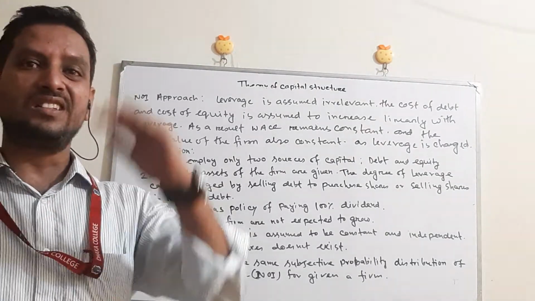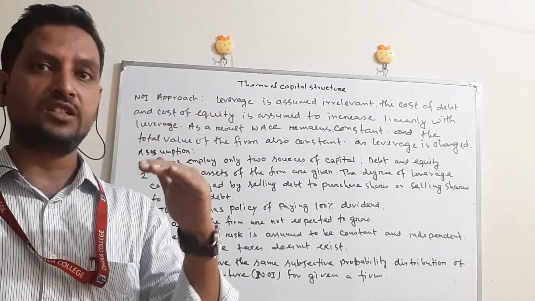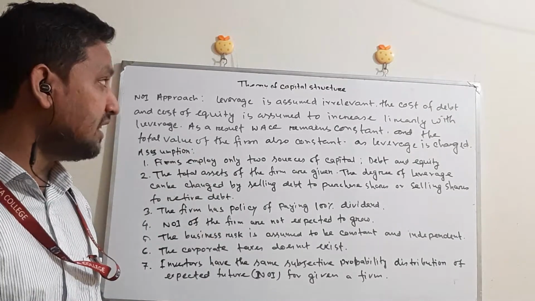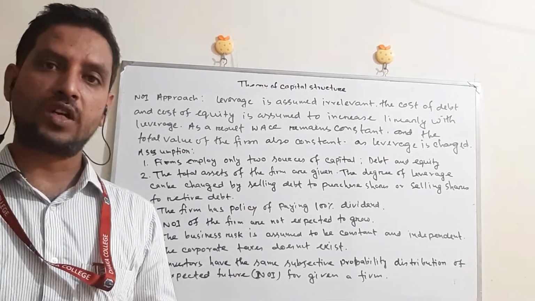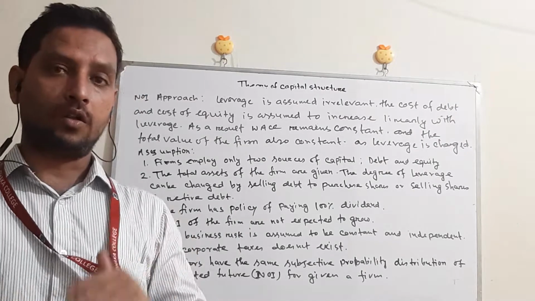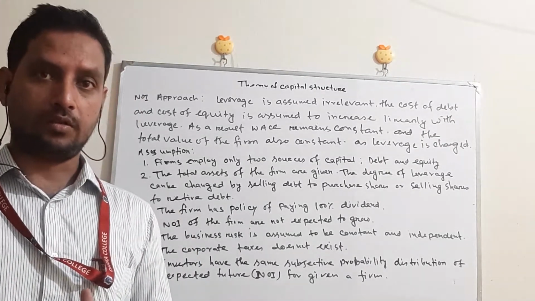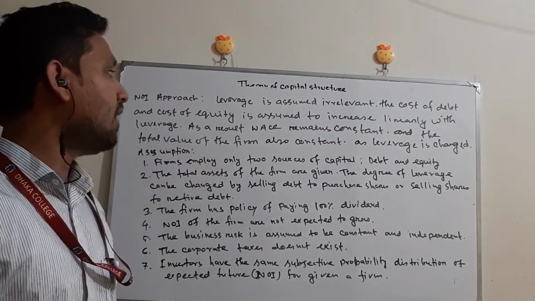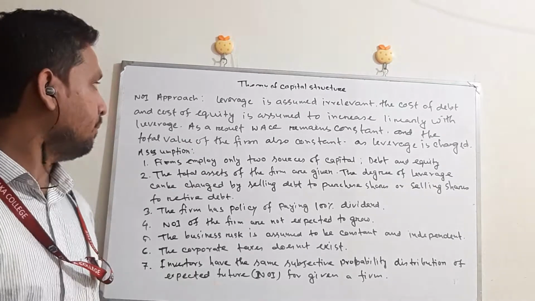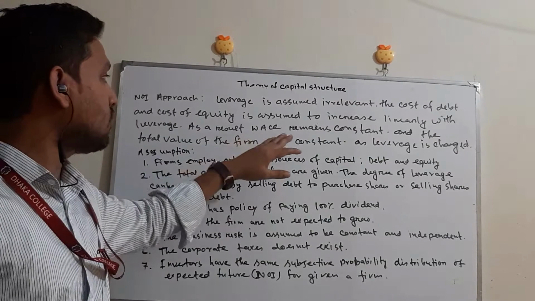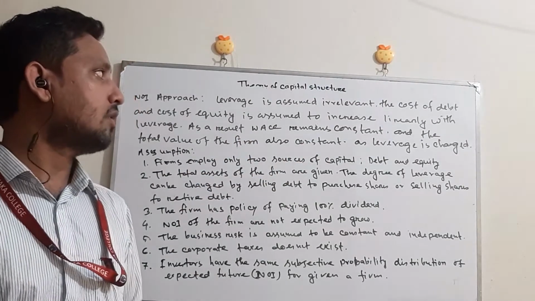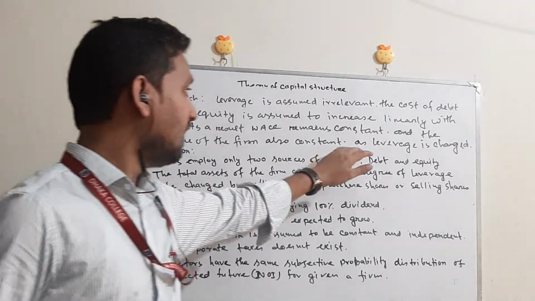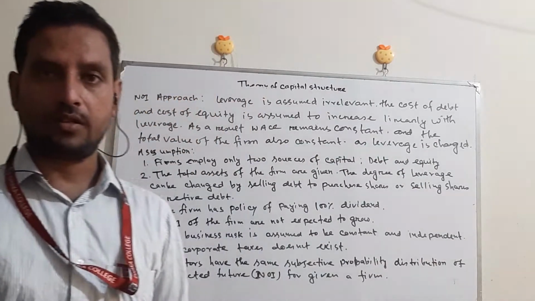Although leverage is increased, and cost of debt and cost of equity have increased, the total value of the firm is also constant, because the weighted average cost of capital is also constant as leverage is changed.